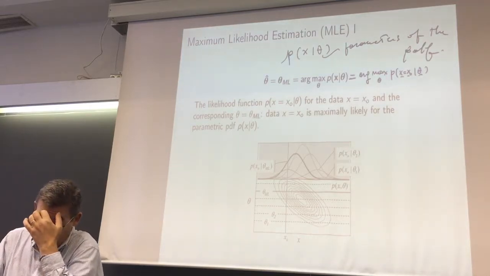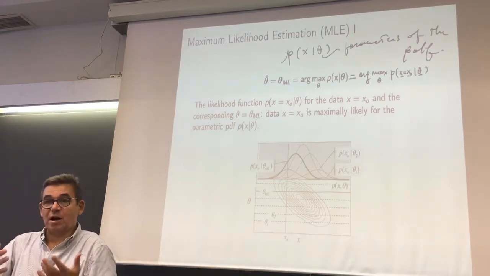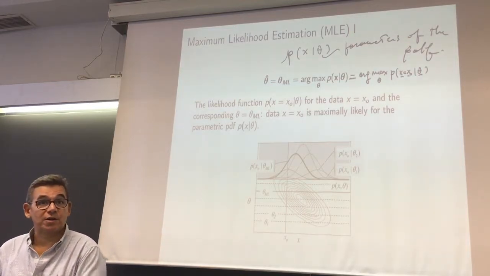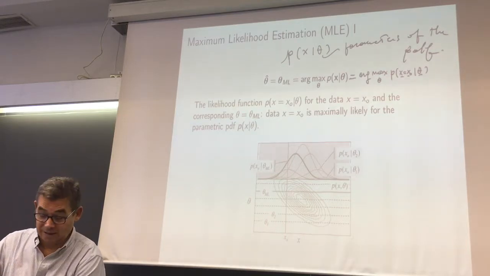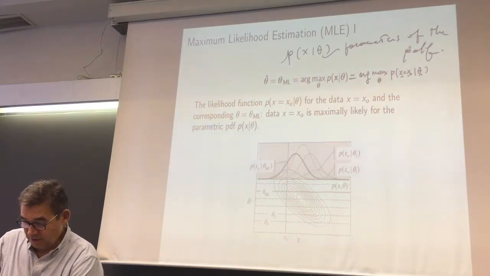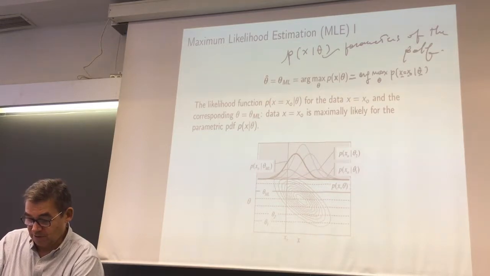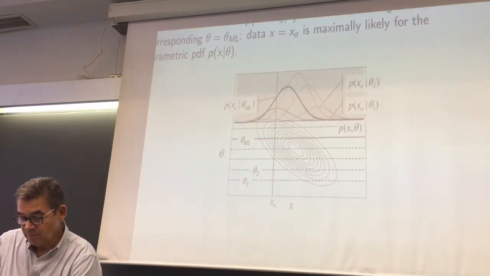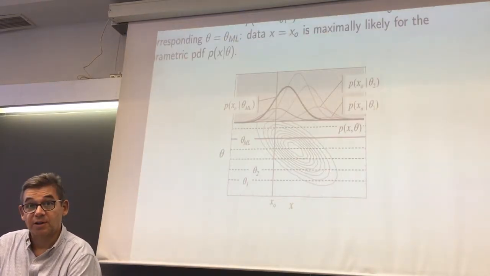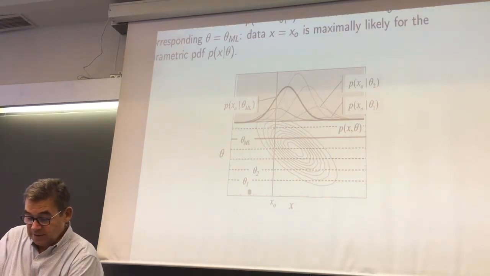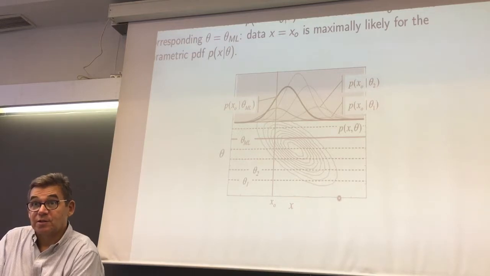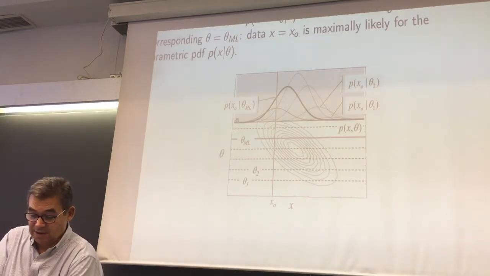So if I try to describe this hypothetical function that now depends on two variables, x and theta, I get something that I sketch this way. Look here. This is the function. In this axis I have the data, and in the other axis I have the parameter.